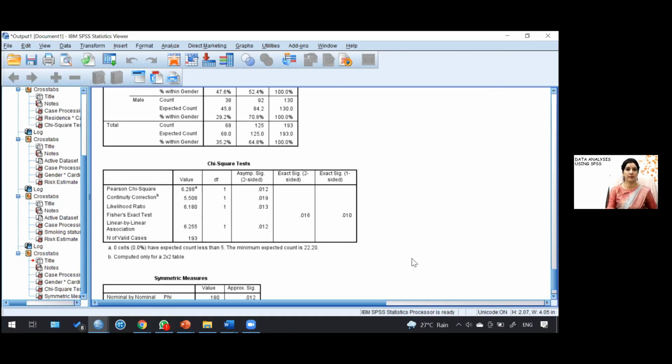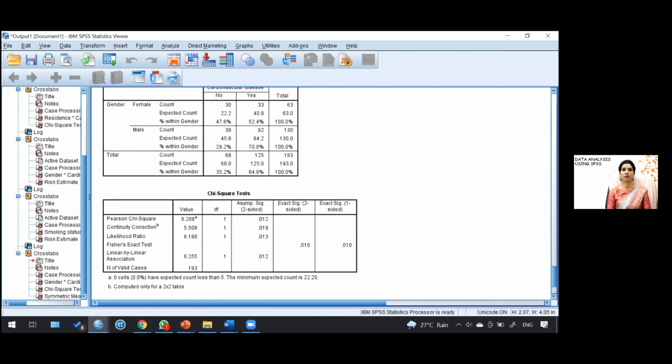The minimum expected count is 22.20, so it was not less than 5, rather it was more than 5, because that is one of the assumptions: the expected cell count should not be less than 5. You can either check it individually here, 45, 84, 68, 125, or you can see on this label, the 0 cells.